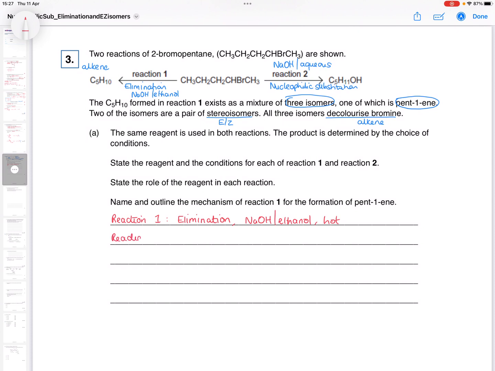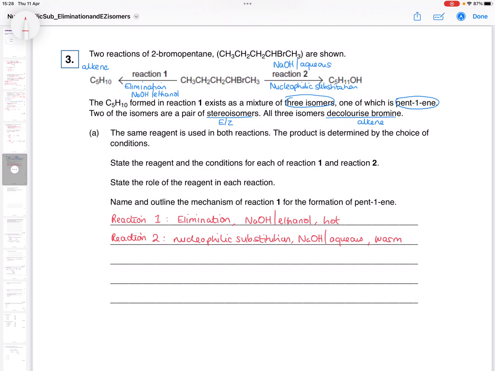Reaction 2 is nucleophilic substitution. It requires sodium hydroxide, aqueous and warm.